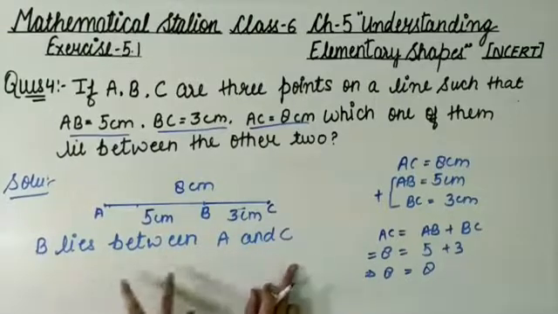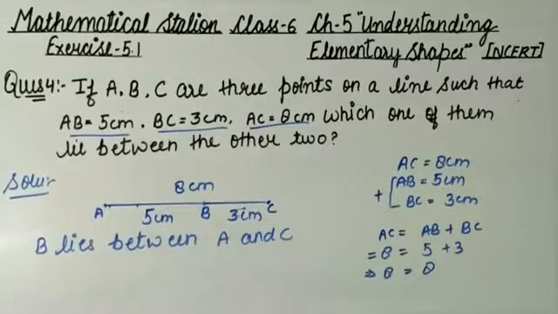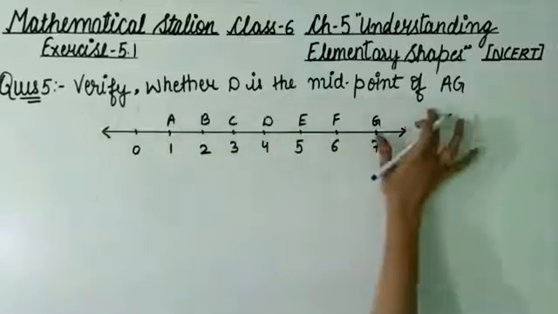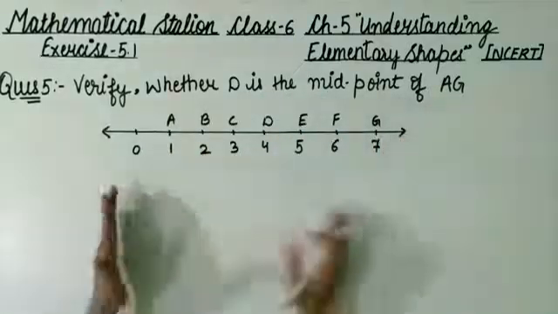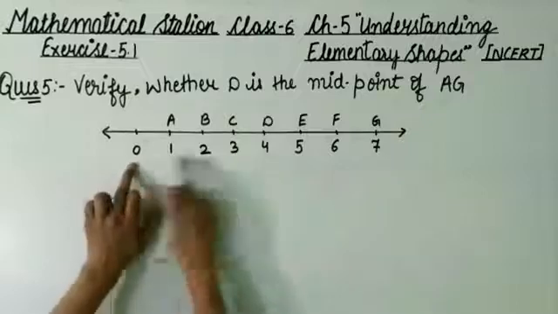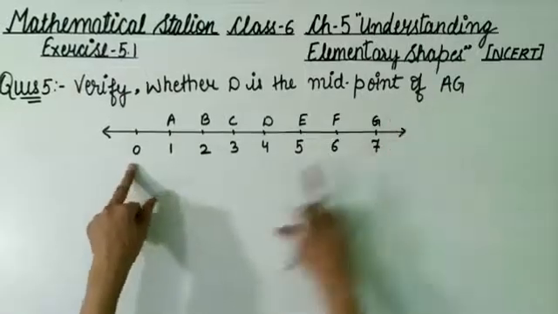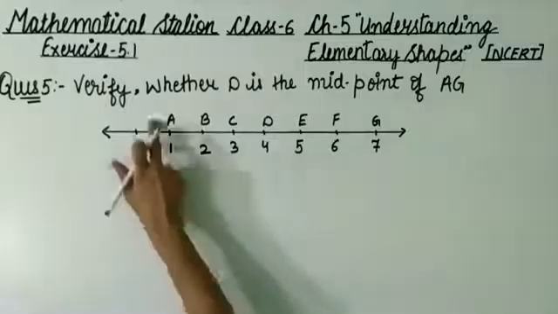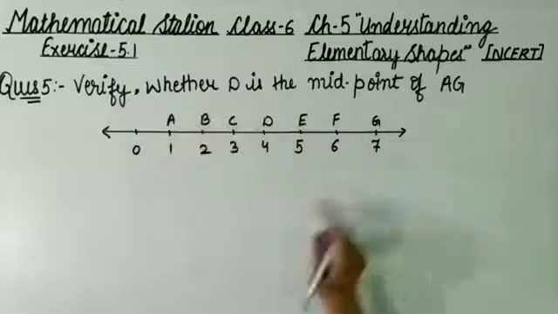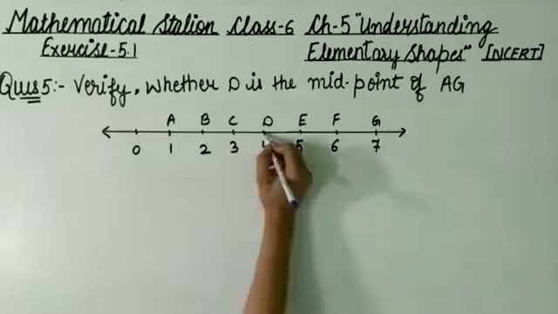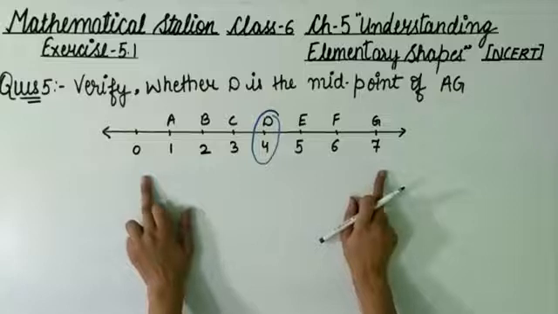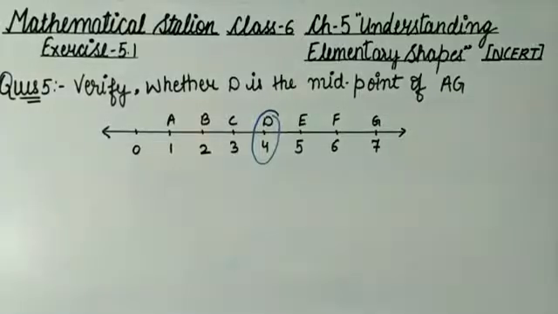Now let us move to the next question, and it is: verify whether D is the midpoint of AG. Here one line AG is given to us, and some numbers and letters are marked on it: 1, 2, 3, 4, 5, 6, 7, A, B, C, D, E, F and G. Now here we have to verify that point D is the midpoint of line AG.